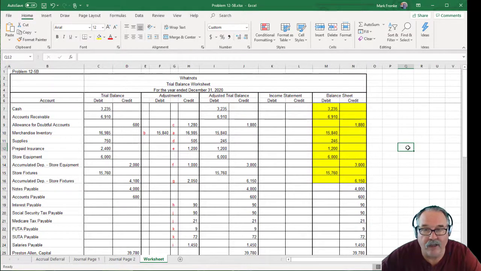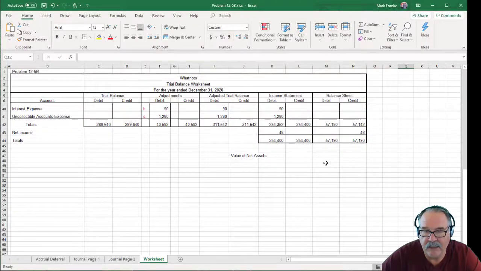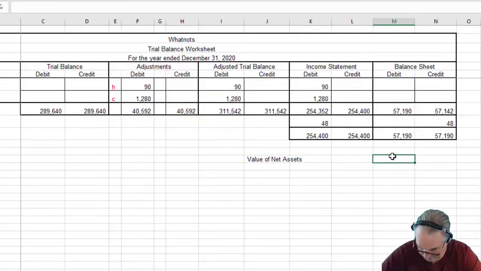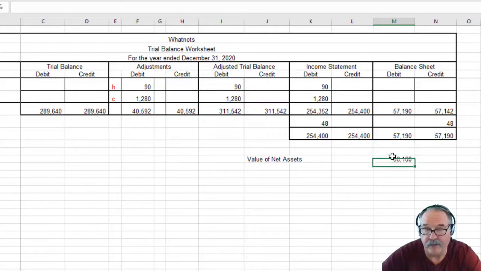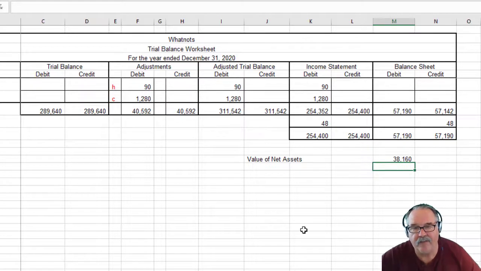If we total up all of the assets, which includes some accounts that are credit balances, that's the allowance for doubtful accounts and the accumulated depreciation for the store equipment, the store fixtures, when we take all the debits and subtract all the credits for these accounts that are balance sheet accounts, the total is going to be $38,160. That's the value of the net assets.